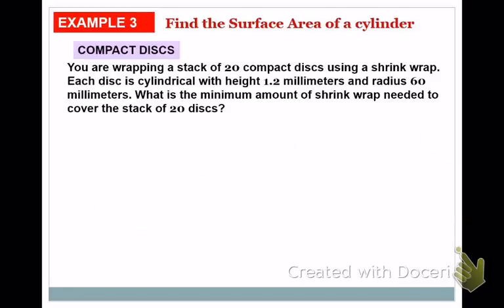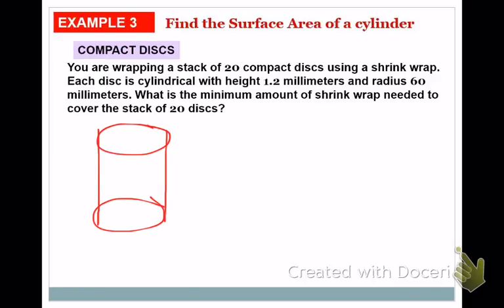And we can apply the same thought process to cylinders, right? So here, in this example, we're going to take CDs, 20 of them. So here's the CD, and if we stack 20 of them, we would basically get a cylinder. Okay?